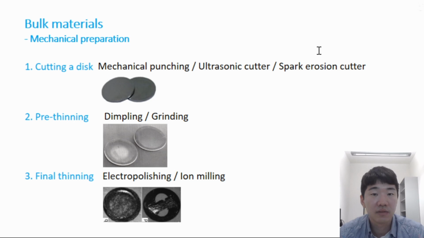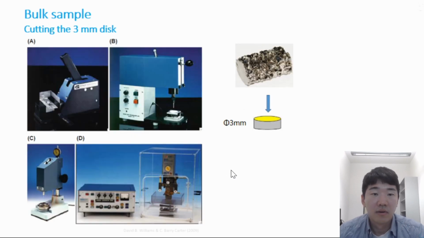In the case of bulk material, for the general procedure of sample preparation, we need three different individual setups: cutting discs, pre-thinning, and final thinning. Obviously, we will have a big sample, and you need to make it small enough for the further thinning session. So we use several devices for that.